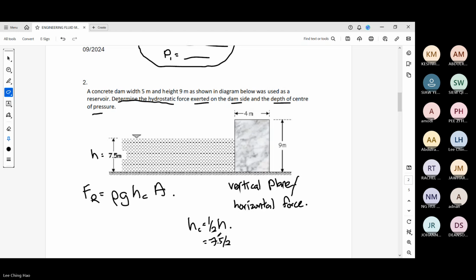Area is the vertical plane area. You see the width is 5 meter, so the area that you're touching is here.